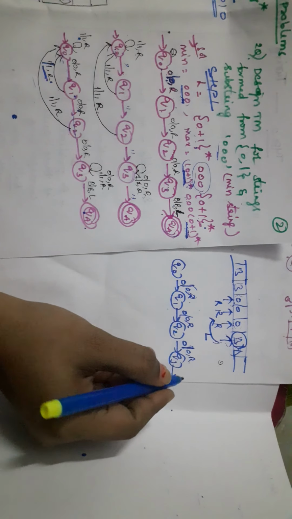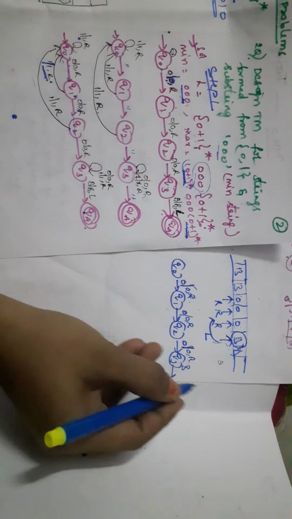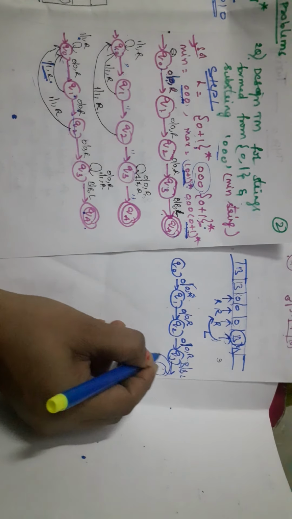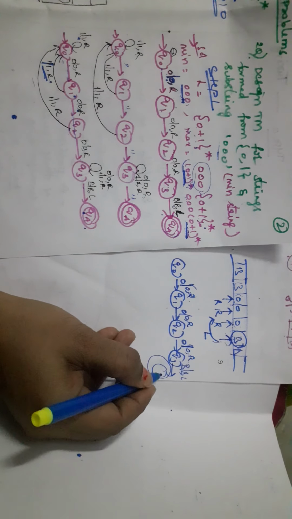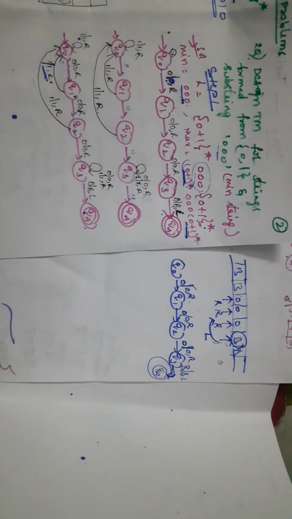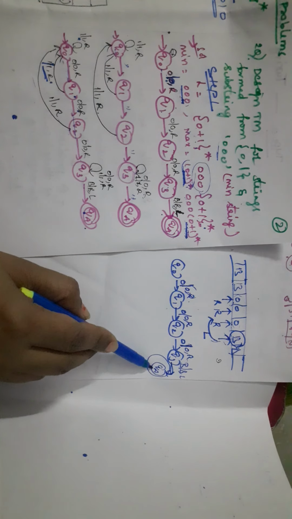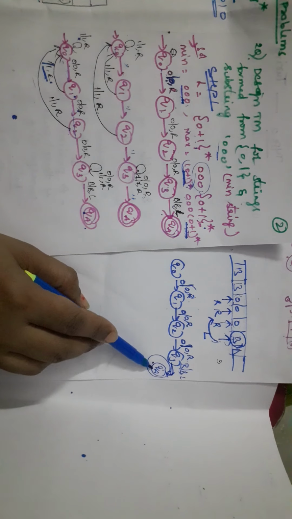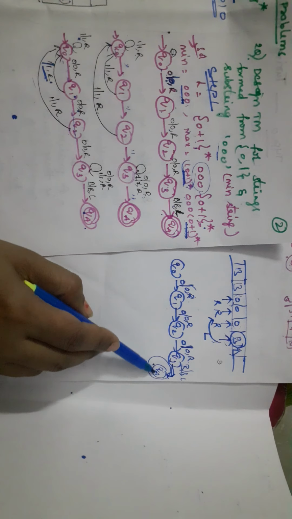So after Q3 it reads blank and the blank is kept as blank only, and then it moves towards the left side. Halting means final state, it has gone to the final state, which is indicated using the symbol QA. QA indicates accepting state. In finite automata we call it QF, that is final state. Here we call it QA, that is the halting state.